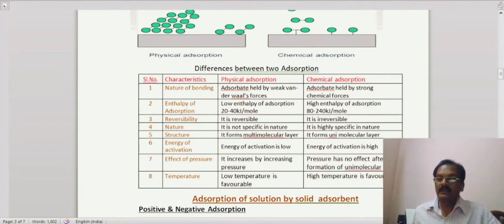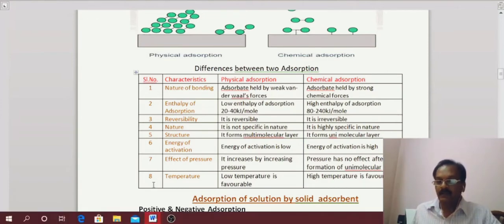That's because more and more layers are expected to form on the surface of the solid. Whereas in chemical adsorption, once the unimolecular thick layer forms on the surface, however much the pressure increases, there is no further adsorption of molecules on the surface of the adsorbent. Therefore, it's only unimolecular, whereas for physical adsorption a multimolecular layer, more than one layer, can be expected.